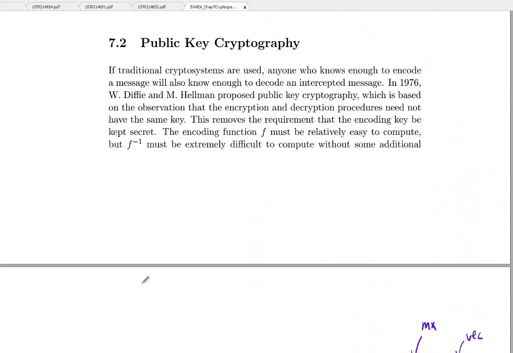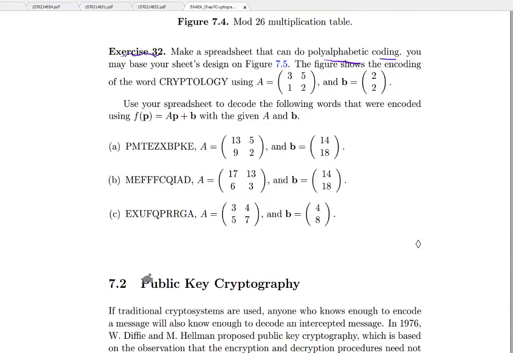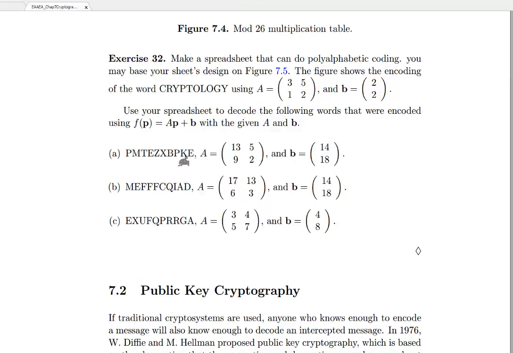Now, one wrinkle is that I'm asking you to decode instead of encode. Now, how can you decode? For instance, to do the decoding of this case, we have to use the decode function.